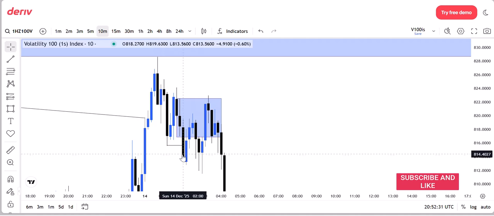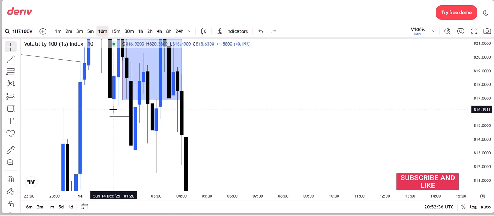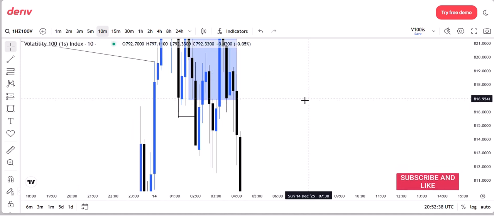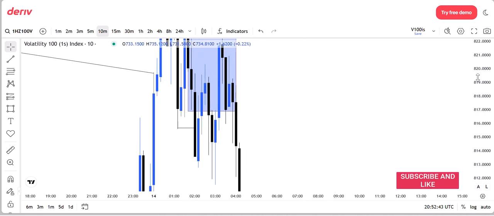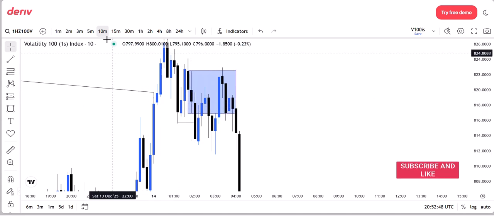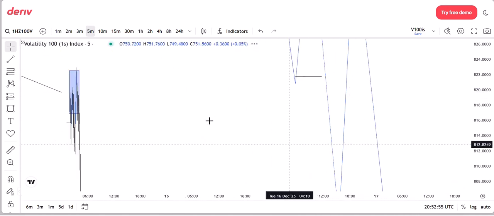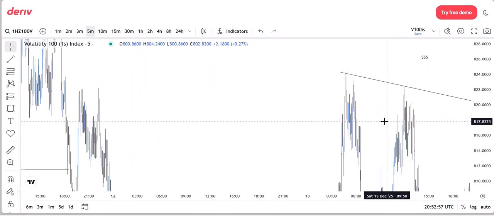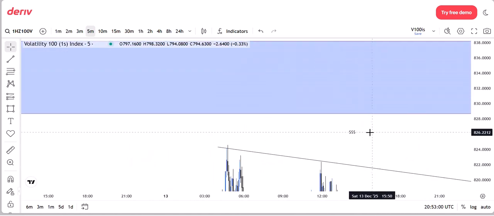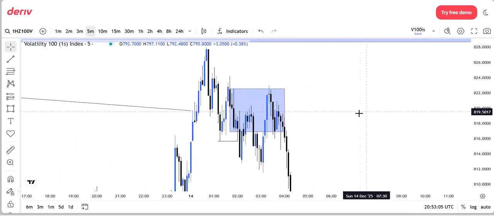So this is where we saw the break of structure to the downside. Now looking at this in the 10 minutes, there was no imbalance there.